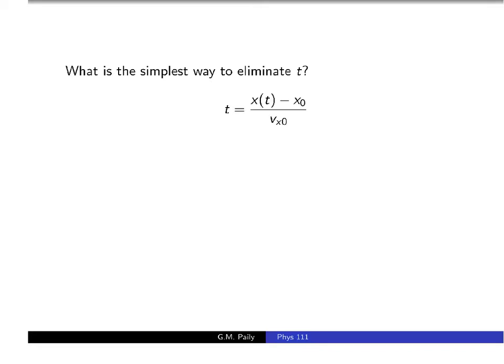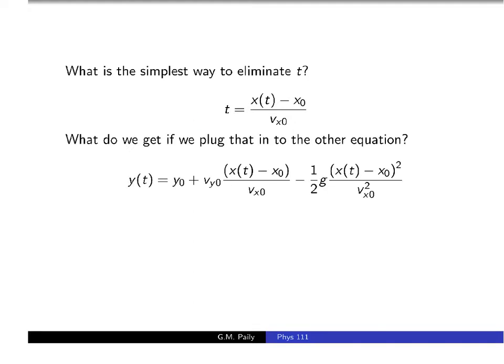Rearranging it for t, we get this, and then we plug this into the y equation. So we get an expression for y as a function of x and various constants.